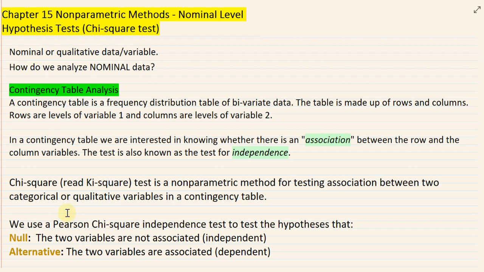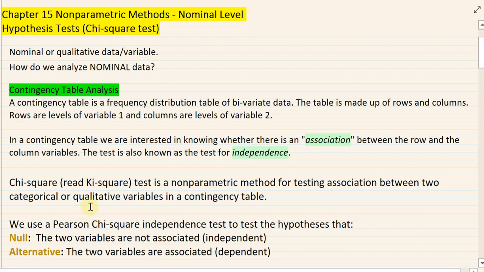So in Germany and Europe, they know this as the Helmert test of independence. Anyhow, we're going to call it a Pearson chi-square independence test. The word chi-square is motivated by the chi-squared probability distribution. Since we're using software, MegaStat, we're not going to look at the details of a chi-squared probability distribution nor the formulas. We're just going to be able to interpret the output.